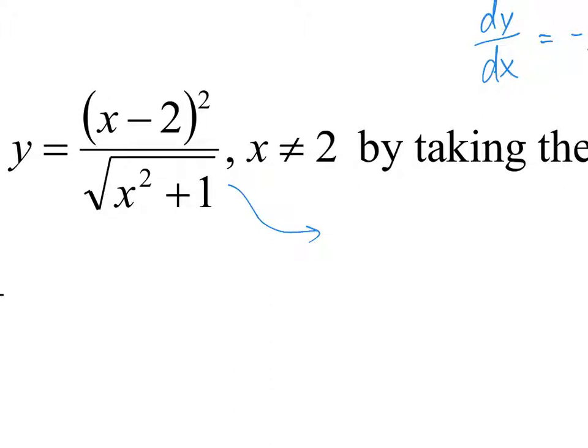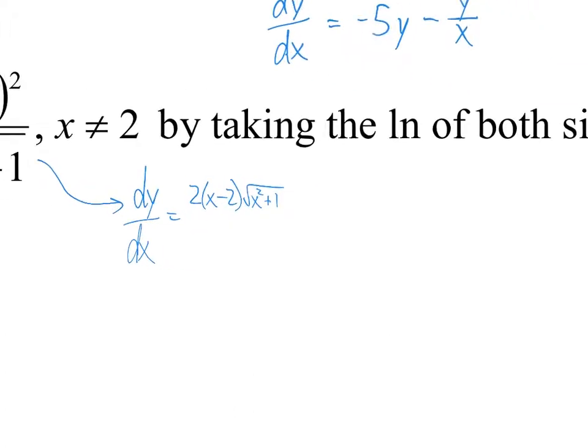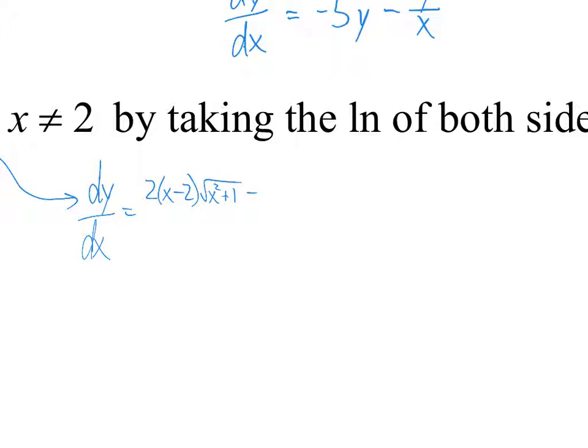If I did that, dy dx, I'd have u prime times v minus u times v prime, which would be a half x squared plus 1 to the negative half times a 2x.